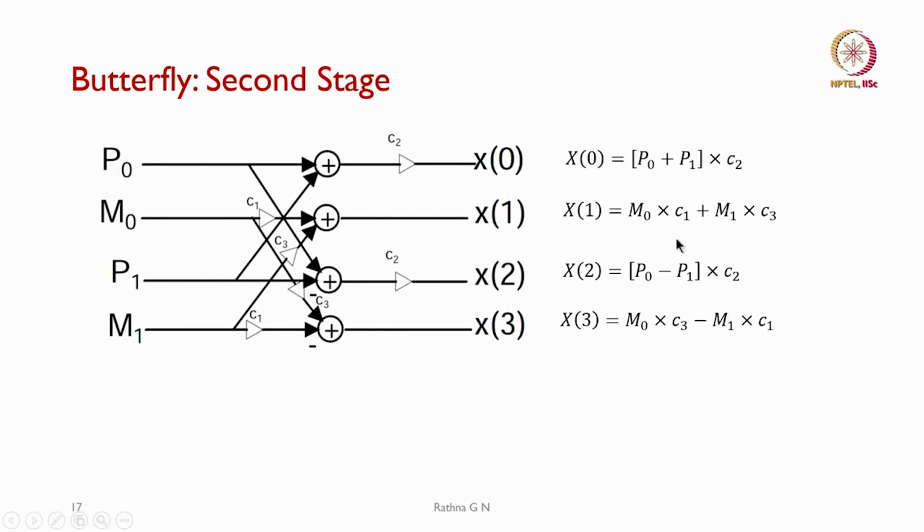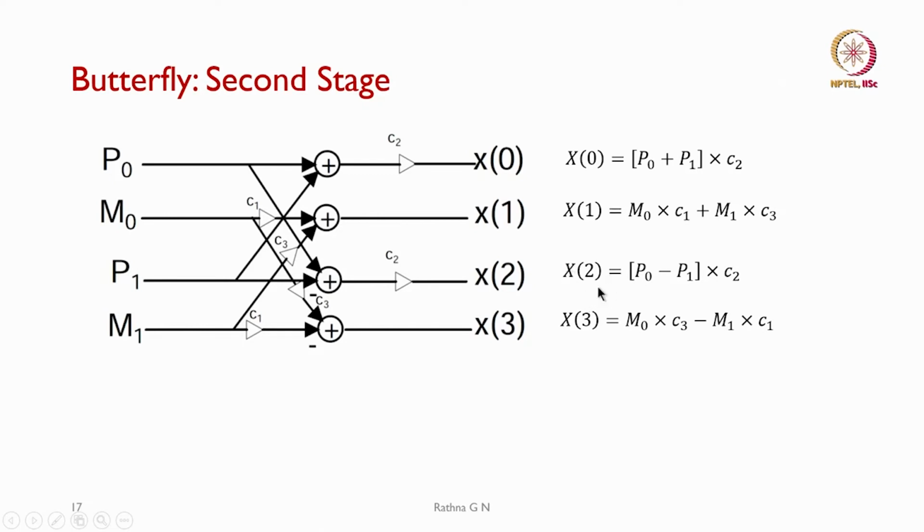The next one is X of 1, which is M0 into C1 plus M1 into C3. So, you have M0 with the C1 coefficient and then M1 with the C3 coefficient. You multiply both of them, add them, you will be getting your X1.